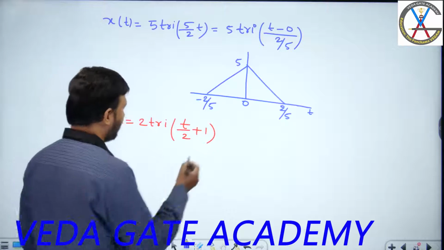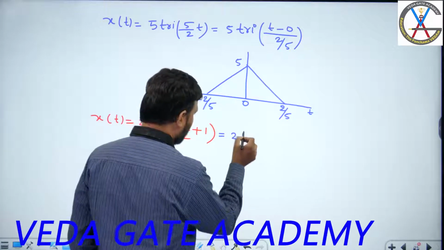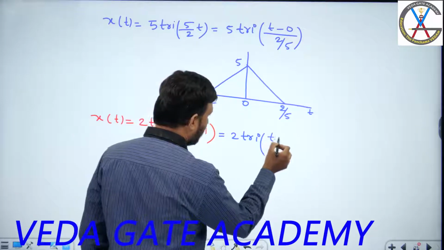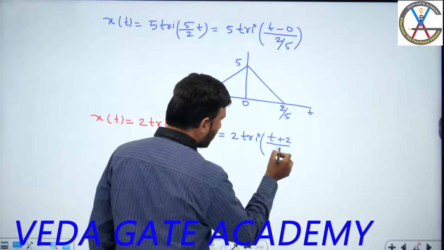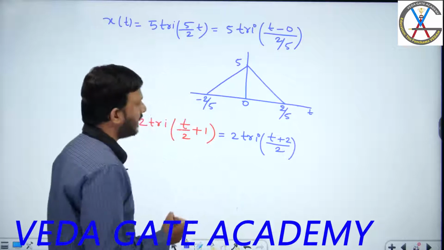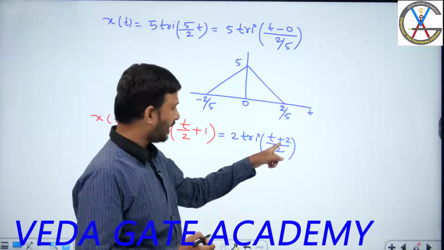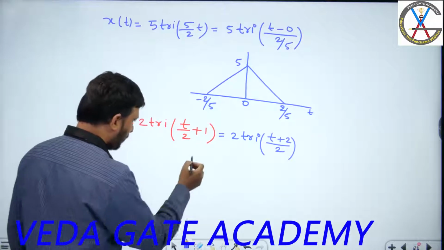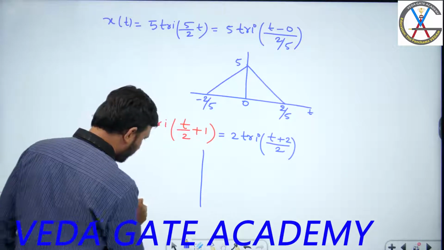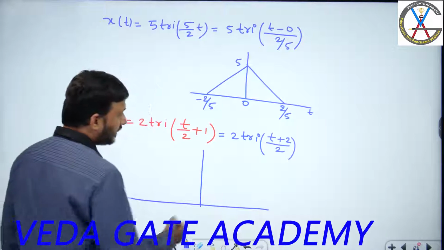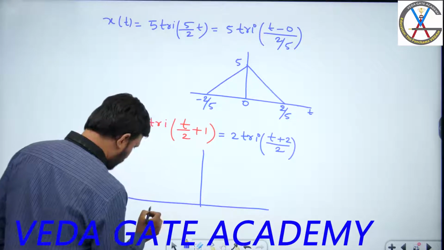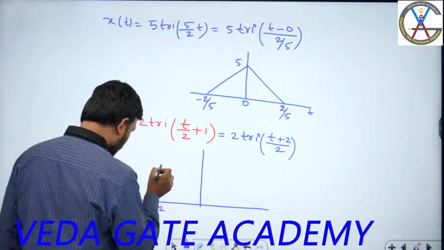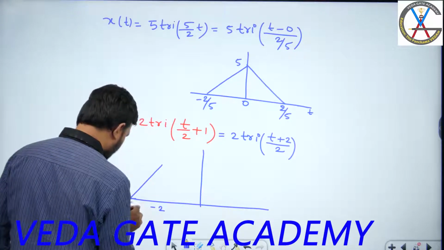Yes, but before this, let me write this as 2 tri of (t plus 2) by 2. Here, this triangular pulse is centered at minus 2. So it will come like this. The triangular pulse is centered at minus 2, and the half pulse width is 2. So it comes like this.